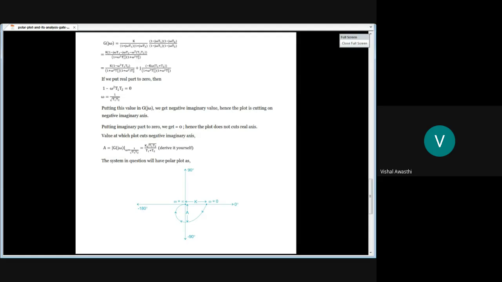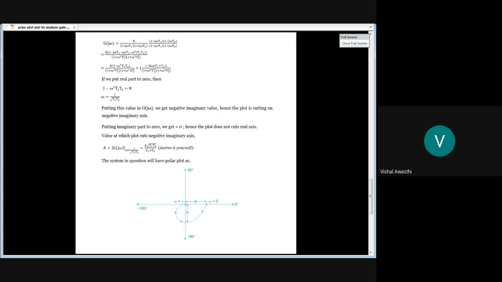One more thing that you have to remember, if the value is coming as omega square is equal to minus 1 upon T1 T2, be careful with respect to your inequalities.